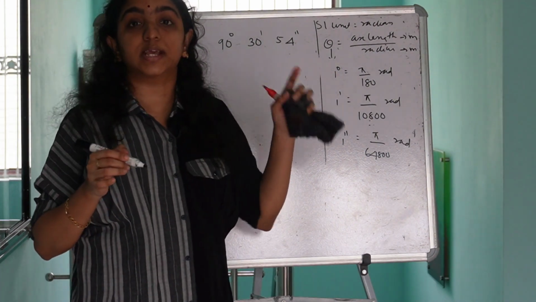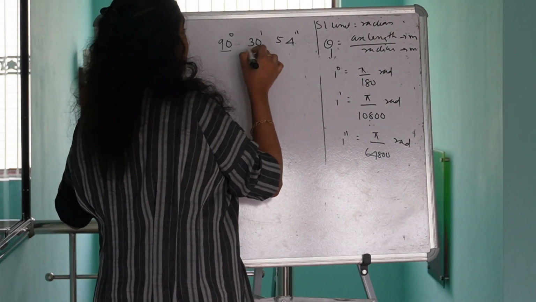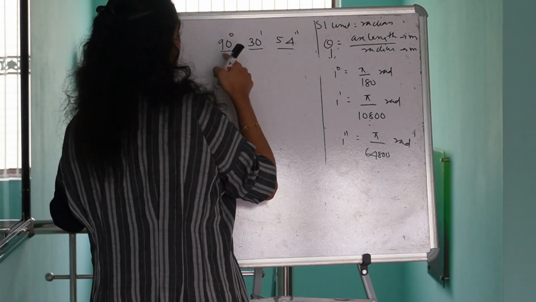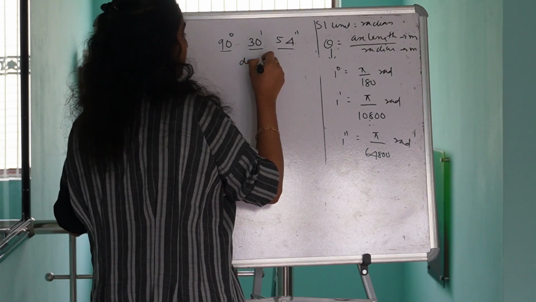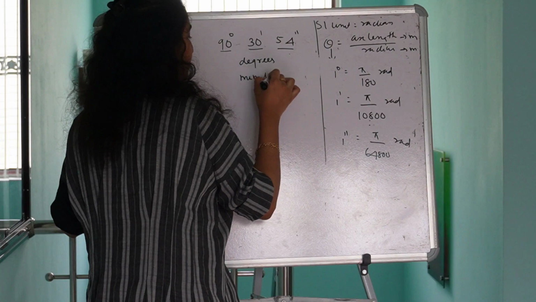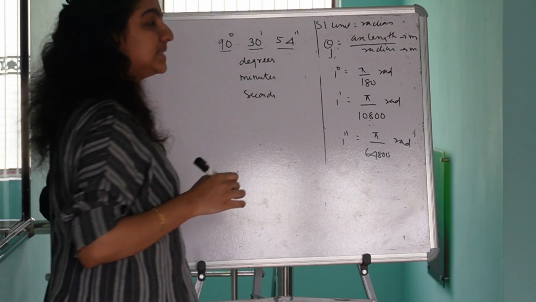into a single unit. That is, either we can convert all these values into degrees, or we can convert all these values into minutes, or we can convert all these values into seconds.